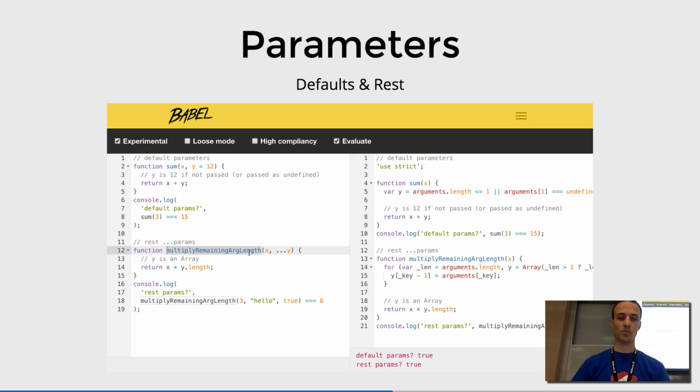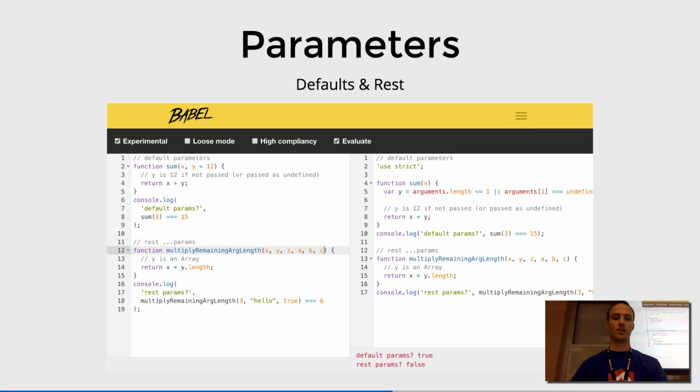So for rest parameters, it's basically the last and only the last parameter that can be a rest param, and basically it's just shorthand for saying Y, Z, A, B, C, like forever, except if you can actually accept a dynamic range of parameters, that doesn't really work very well.